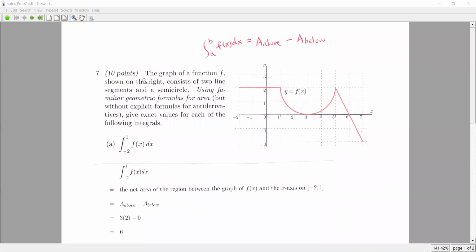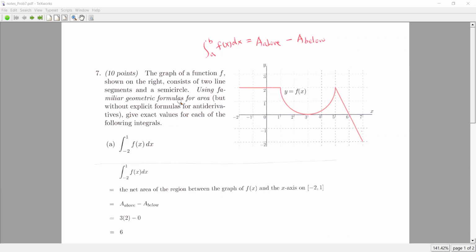Problem 7. The graph of a function f, on the right, consists of 2 line segments and a semicircle. Using familiar geometric formulas for area, but without explicit formulas for antiderivatives.